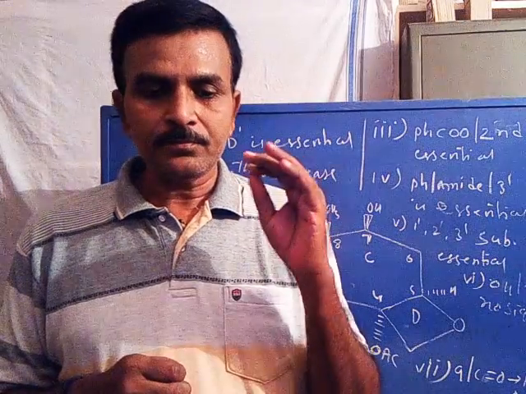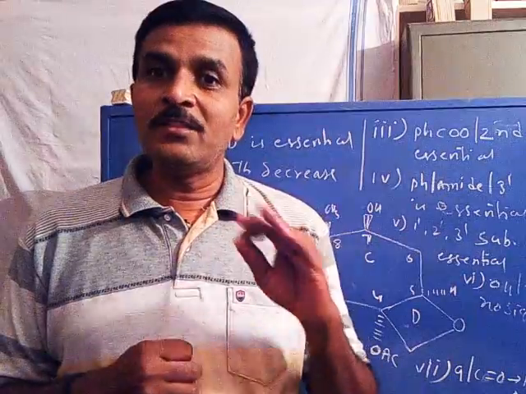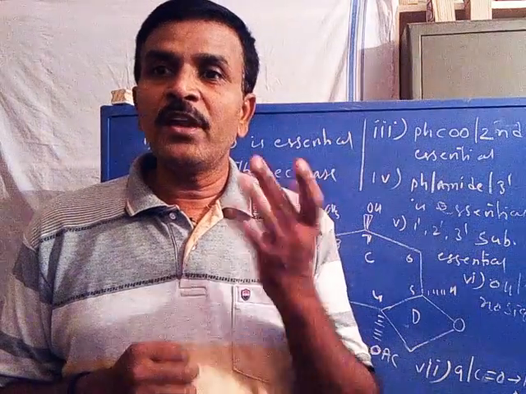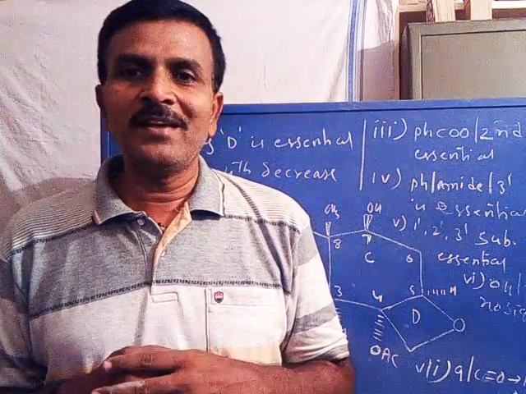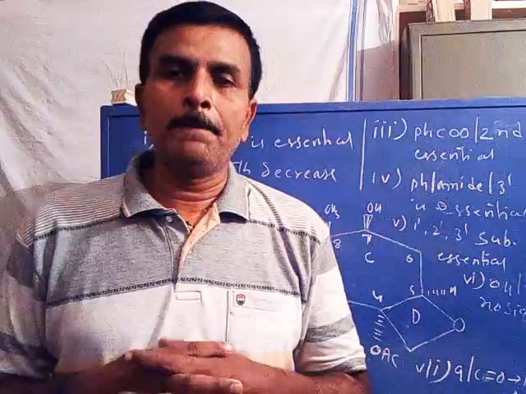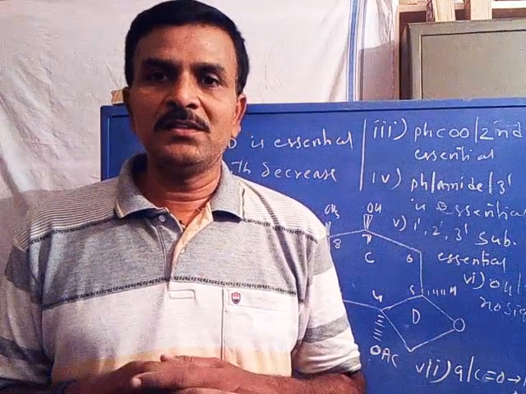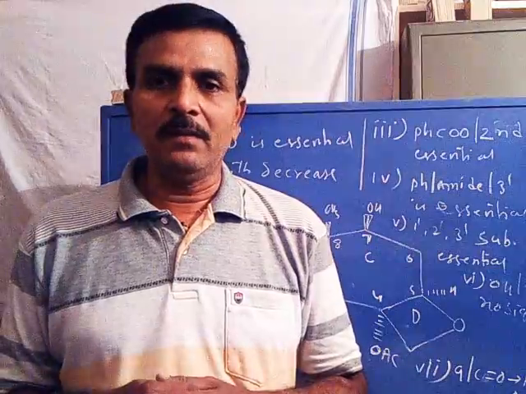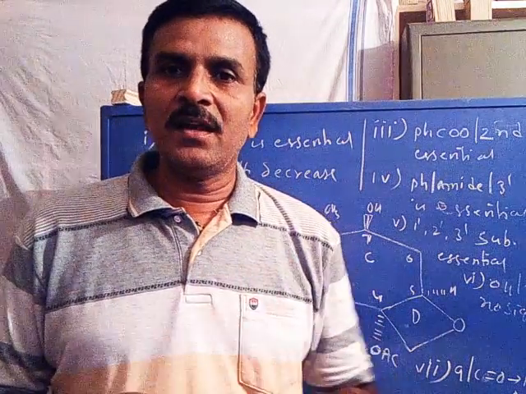That is, number 1, reduction of the C double bond O group on the 9th position improved its activity. So by the process of reduction of C double bond O, we can improve its activity. To retain its activity, we should not touch the other groups which are essential.